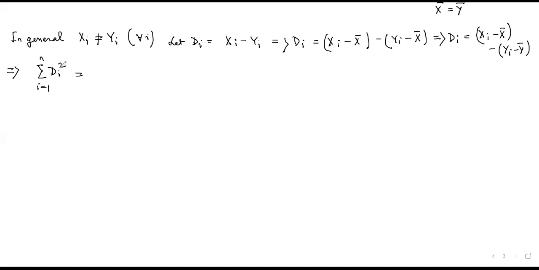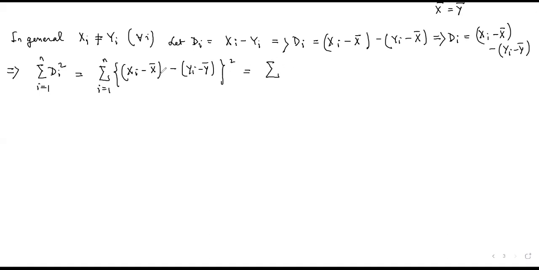Now therefore we are squaring the left hand side, and we are taking the summation. The summation is running from 1 to n. The same thing will be done on the right hand side. So I'm going to write it like this: (xi minus x bar minus (yi minus y bar)) whole square. Now I'm going to break the square. You know (a minus b) whole square is a square plus b square minus 2ab.